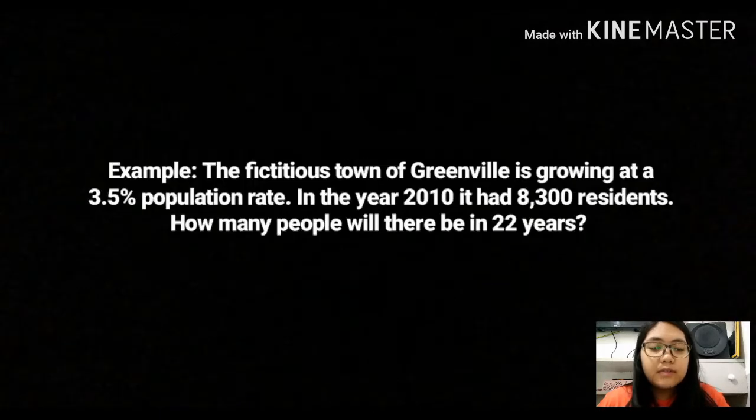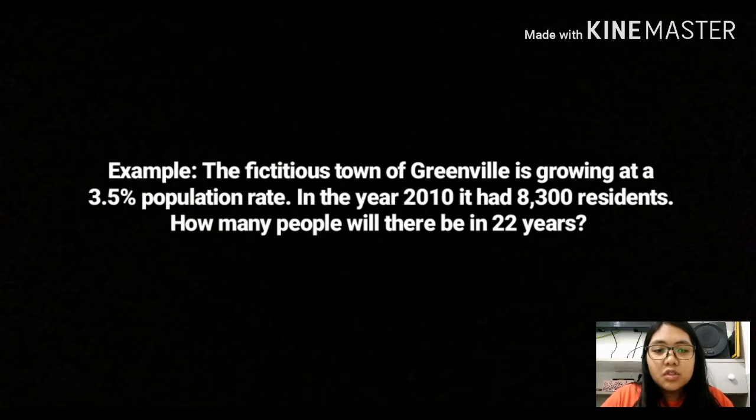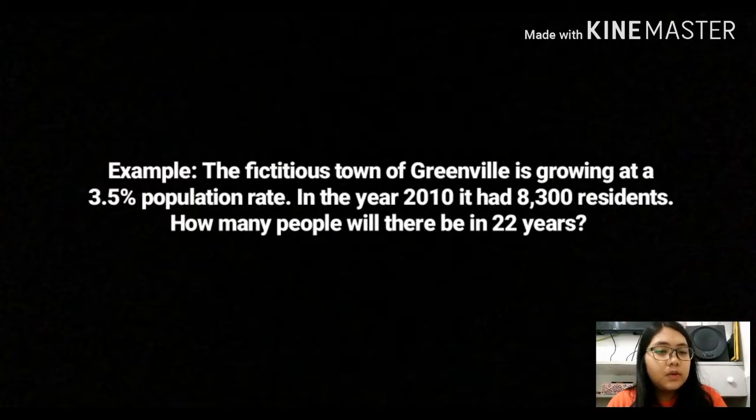So here we have an example problem. The fictitious town of Greenville is growing at a 3.5% population rate. In the year 2010, it had 8,300 residents. How many people will there be in 22 years? So the first thing we need to do is to identify the values in the problem.